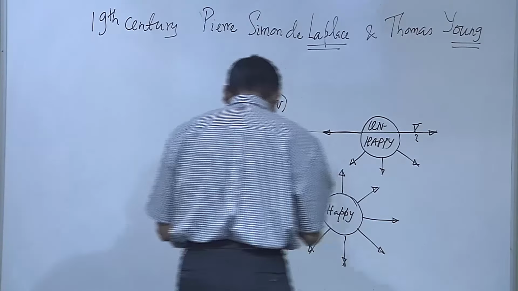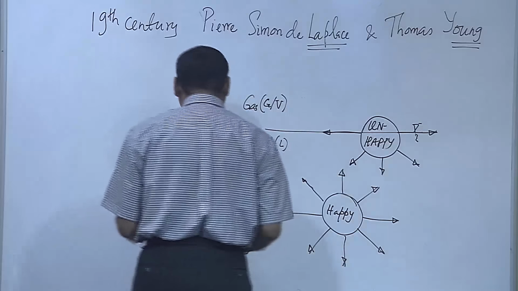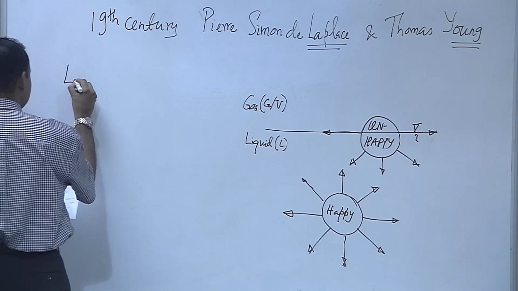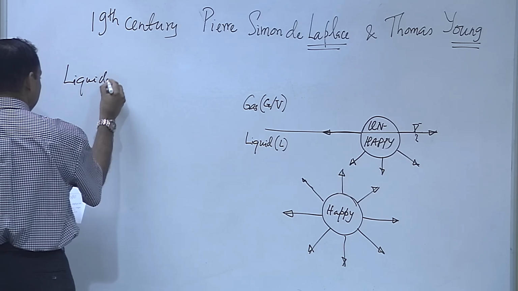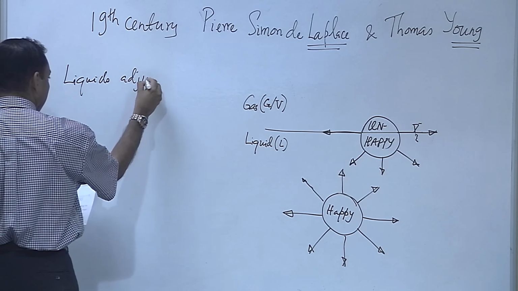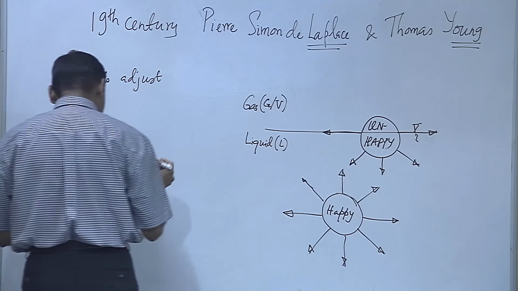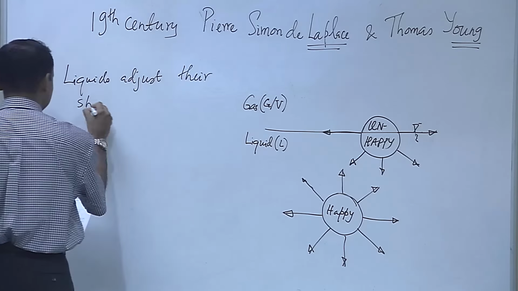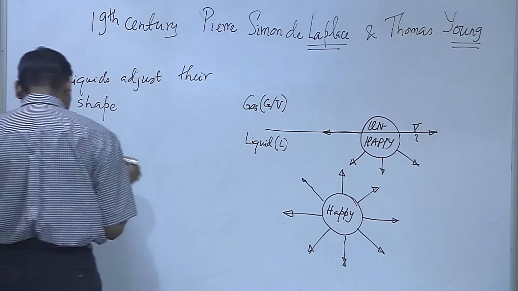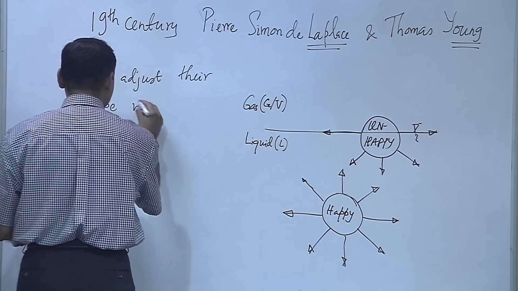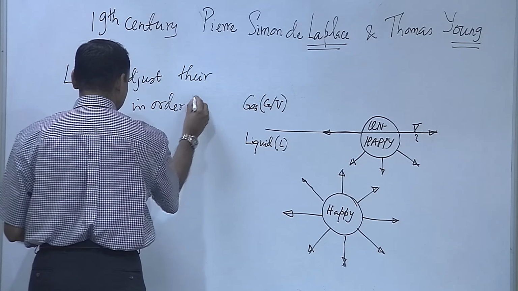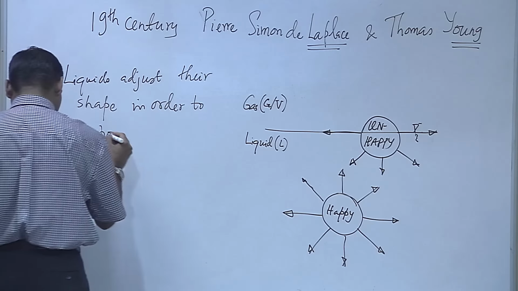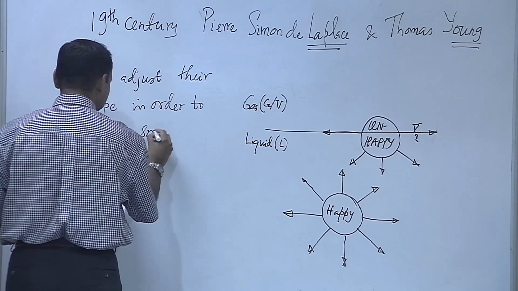So we can say that liquids adjust their shape in order to expose the smallest possible area.